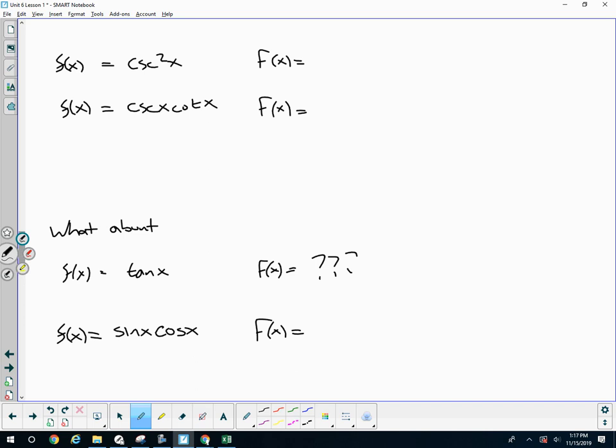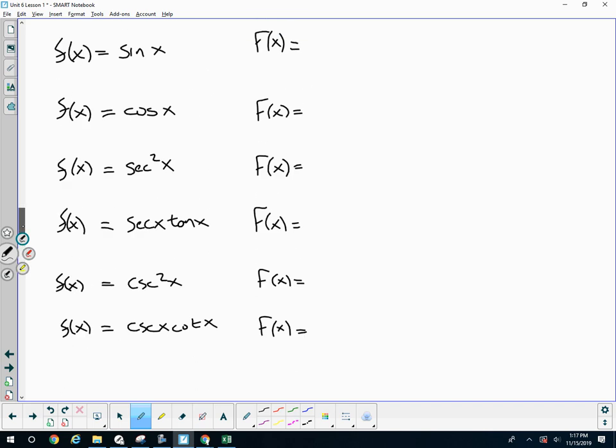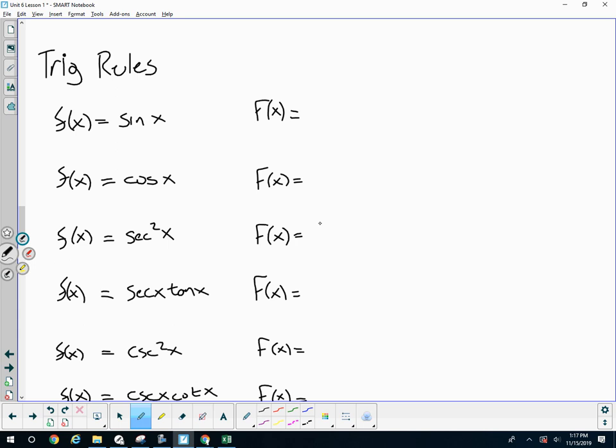No, it's not sine, cosine, tangent, cotangent, secant, or cosecant. We're going to figure tangent out later after we learn a different rule. Sine times cosine, you will not be able to figure that out. It has to be very specific ones like, I know the derivative of tangent is secant squared.